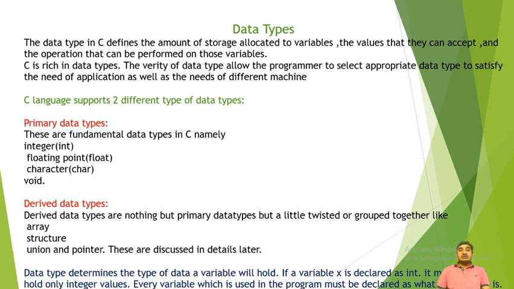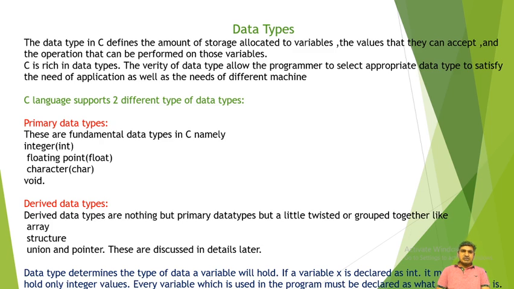C language supports two different types of data type. First is the primary data type. These are the fundamental data types in C, namely integers. The integer may be short integer or long integer. Then floating point, or floats.